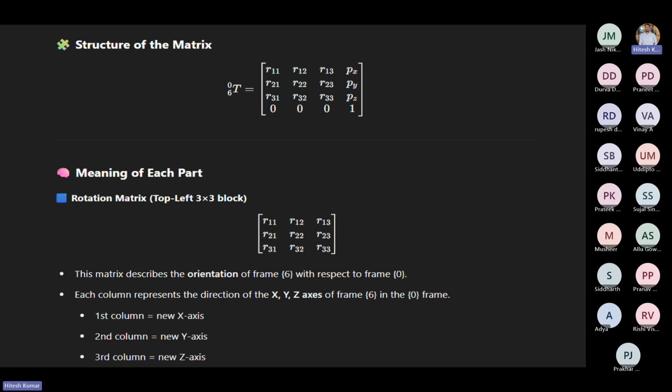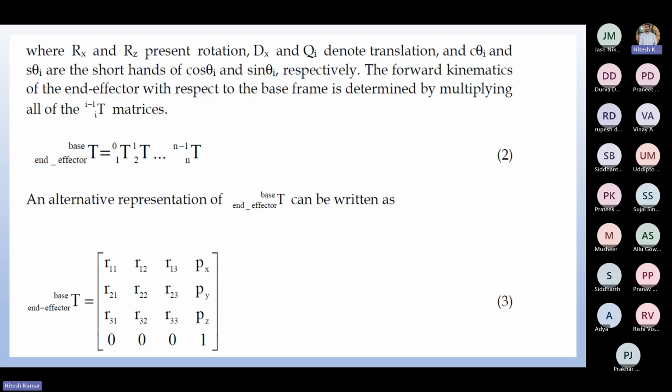The first column will give the new x axis, the second column the new y axis, the third the new z axis. And the P part will give us the position of the frame.